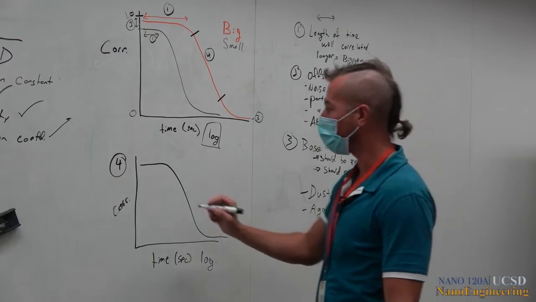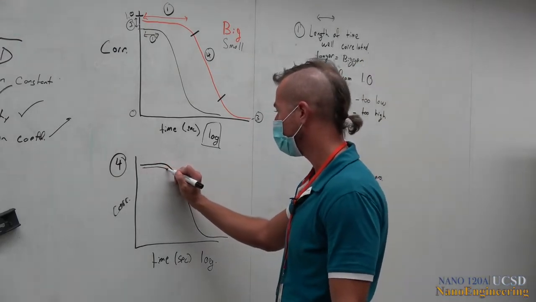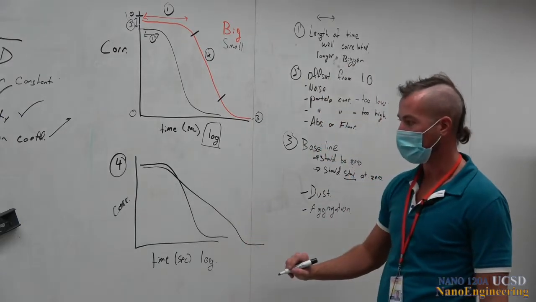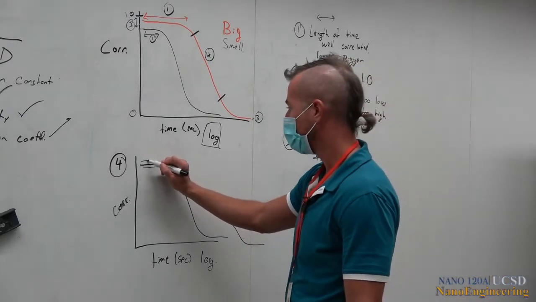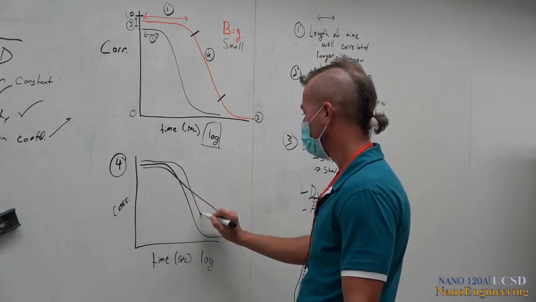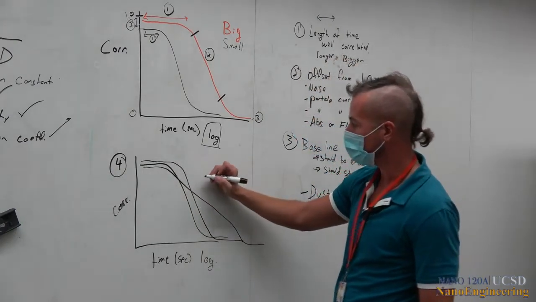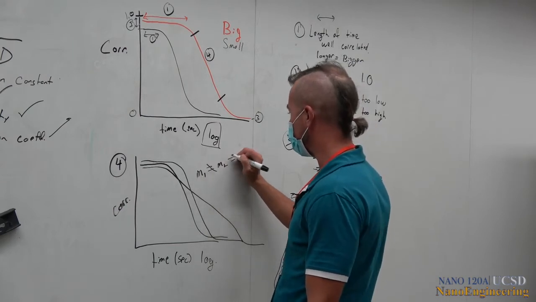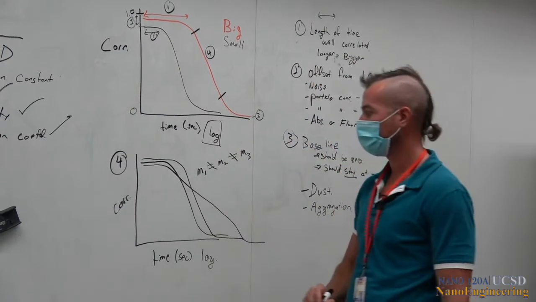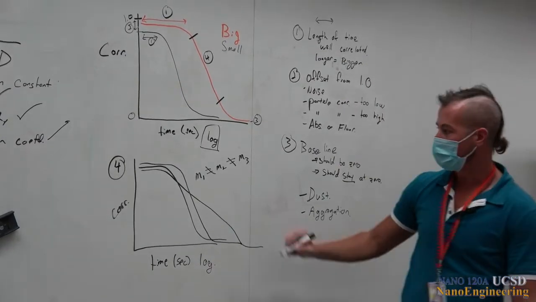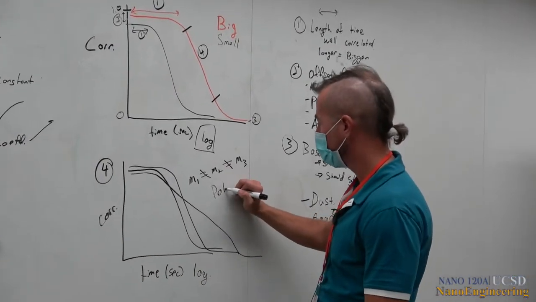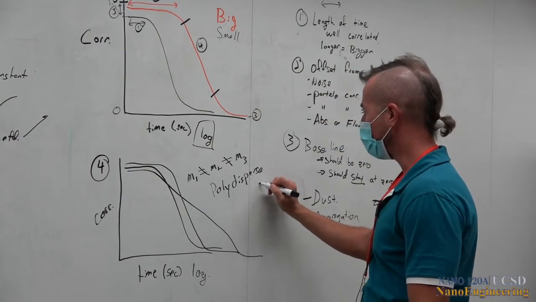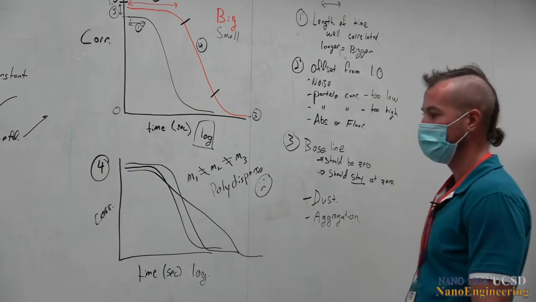But if you have a broad range of particles, you're going to have a broad range of these slopes. M of 1 does not equal M of 2, does not equal M of 3. This is polydisperse, which we generally think of as bad.